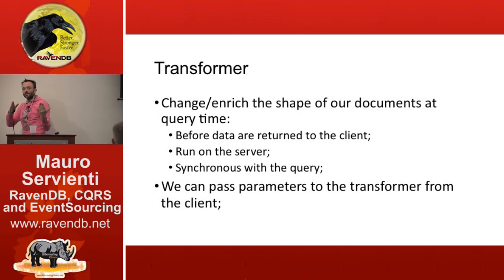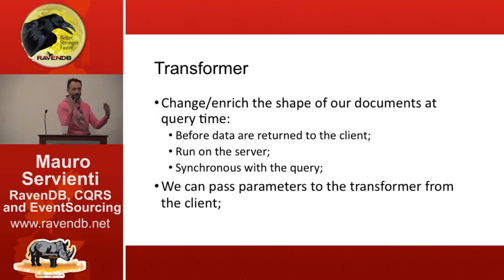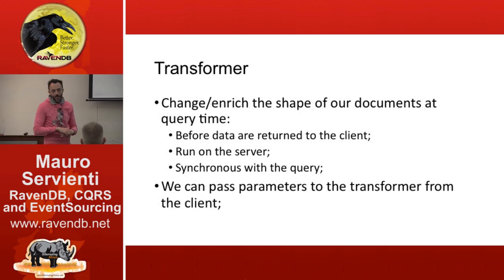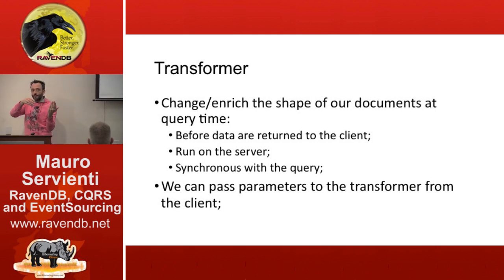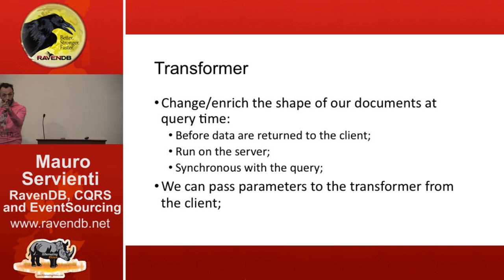The document passes through a pipeline where we can put a transformer, just one. So per query or load, there can be only one transformer in the pipeline. We can put a transformer that has our document as input, and as output can have anything we want. So we can totally change the shape of the document inside the transformer. And it's interesting because it runs on the server.